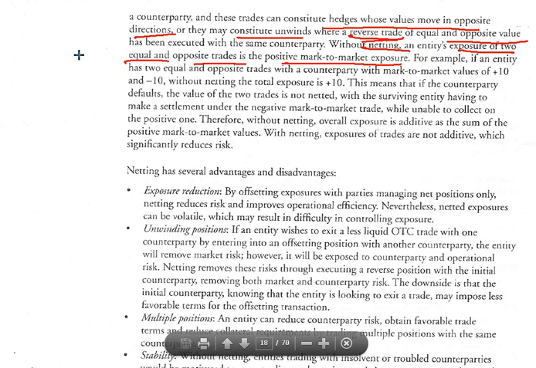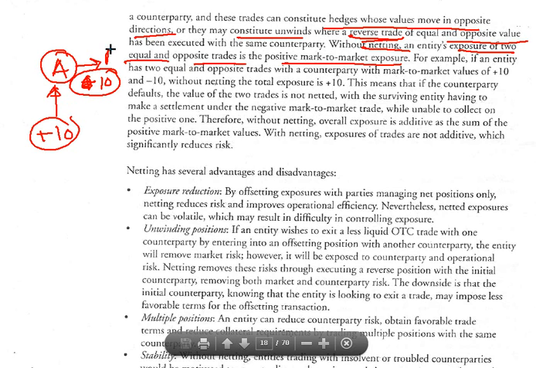So what they are saying is, suppose an entity has equal and opposite trades. Let's say one party has to give 10 and from another party it has to receive 10. From the point of view of A, it is netted to 0, but this is B and this is C. There are two different parties, right?